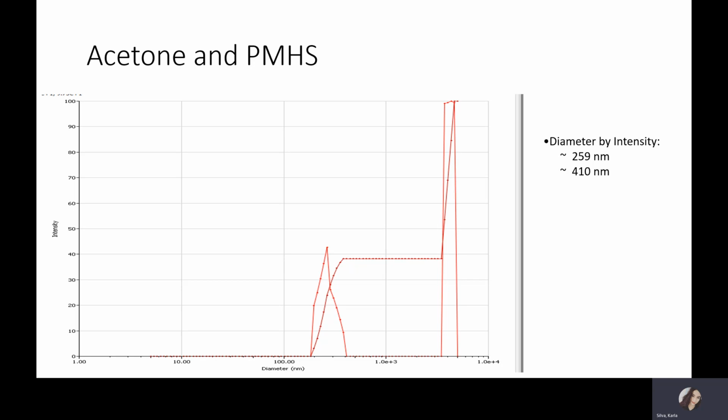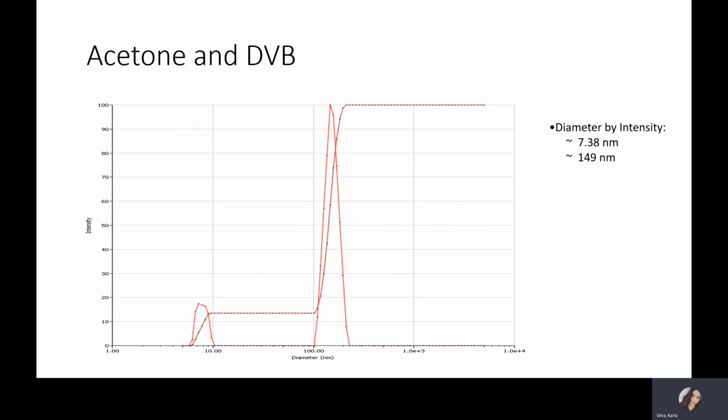So what I'm thinking happened is that while this first peak might actually be the PMHS, the PMHS began to aggregate as I put it in the acetone, making bigger clusters. That is why I think there is a peak at 410 nanometers. The same thing happened with my DVB. I had peaks at 7.38 and 149 nanometers. And again, I think it just began to aggregate as I put it in the acetone.